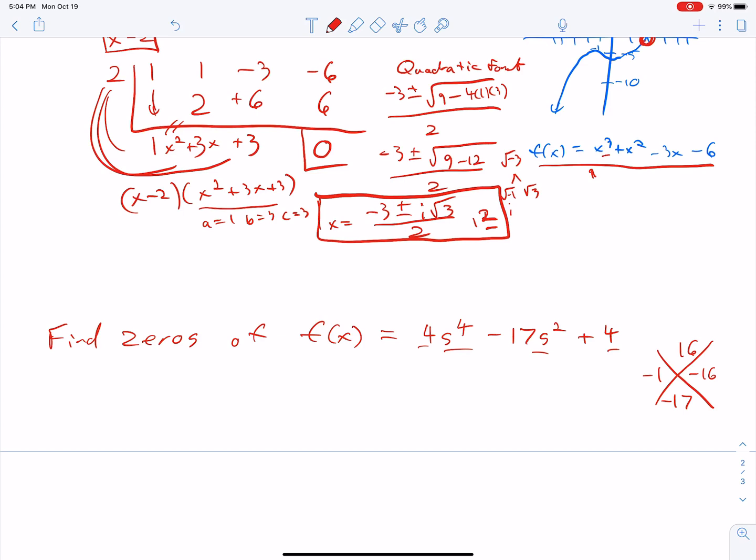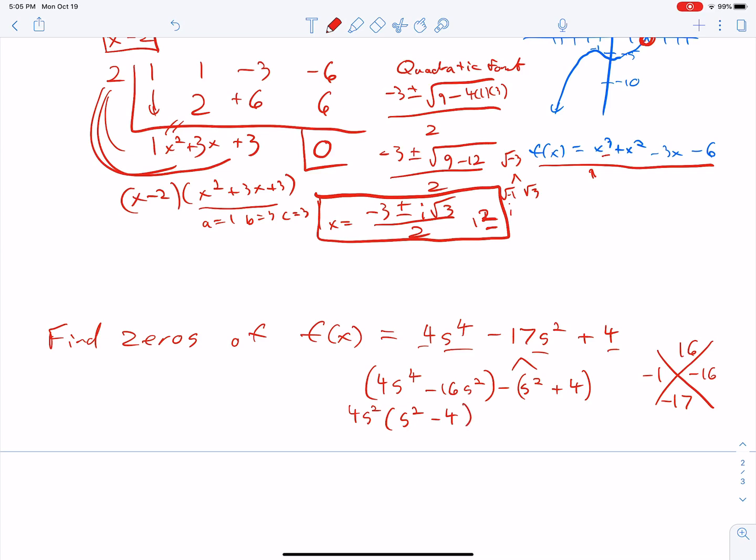So we're able to break this down into 4s to the fourth minus 16s squared minus s squared plus 4. So when I look at this, I can factor out a 4s squared from this first one. When I factor that out, that's going to leave me with s squared minus 4.